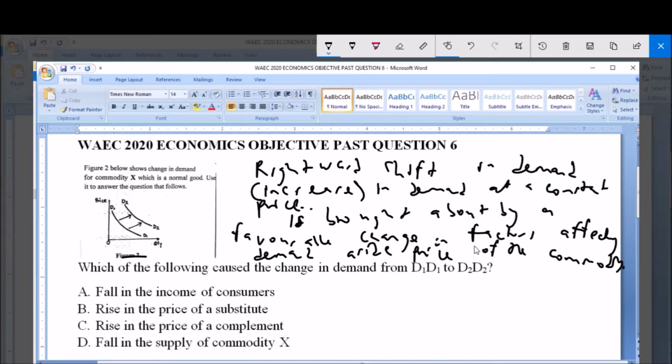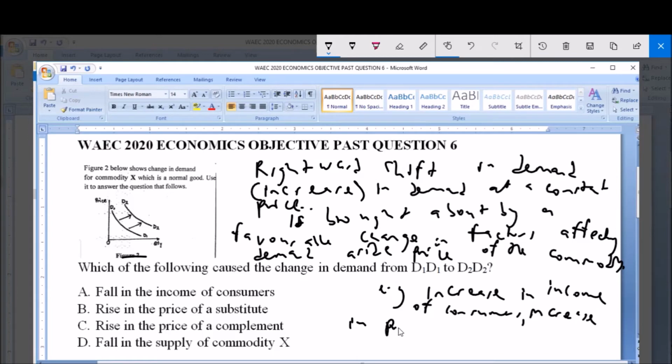An example of some of these factors could include, let's say, an increase in the income of consumers or an increase in the price of a substitute.